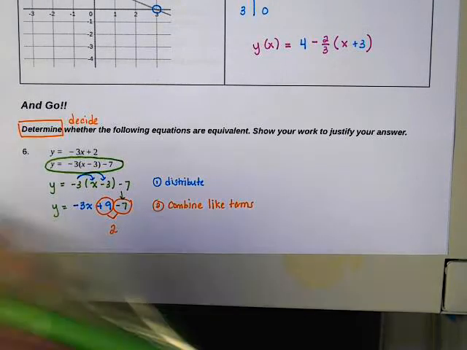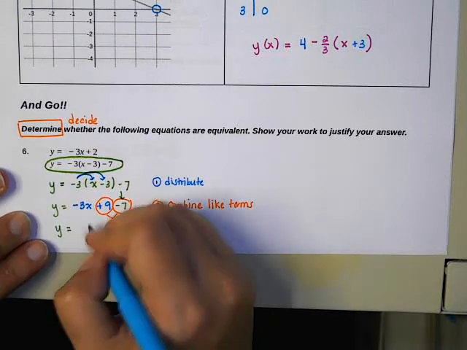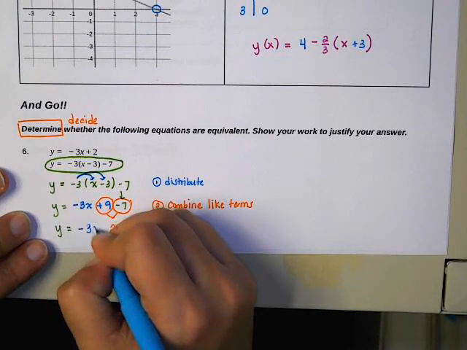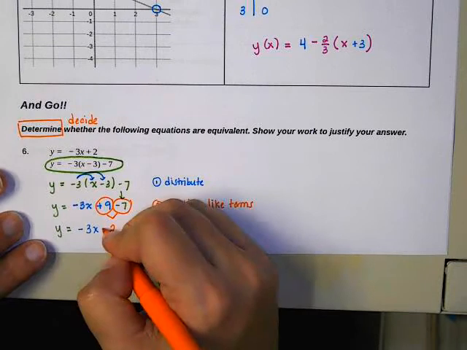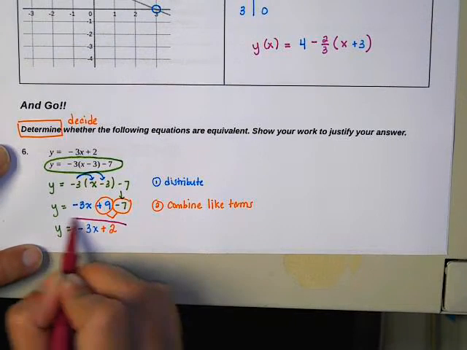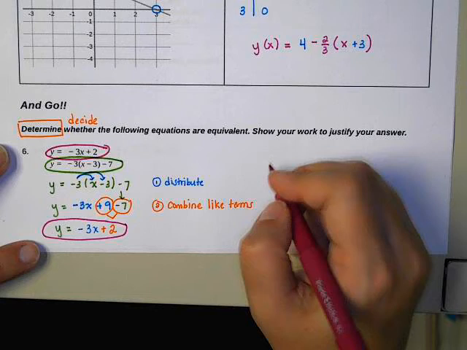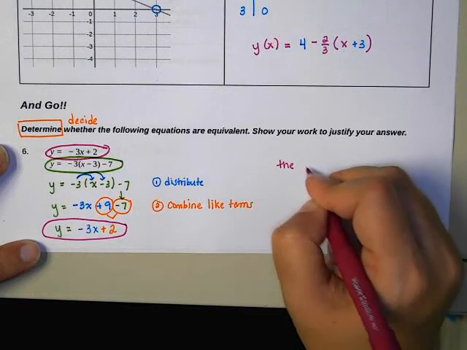Everything else is just going to drop down. So the y, the equals, and the -3x plus 2, because my answer was a +2. Since this equation matches this equation, the equations are equivalent.